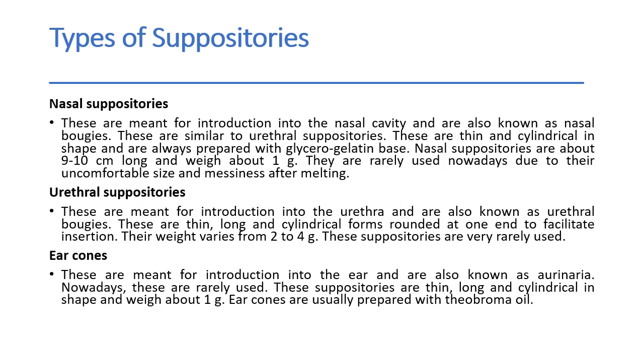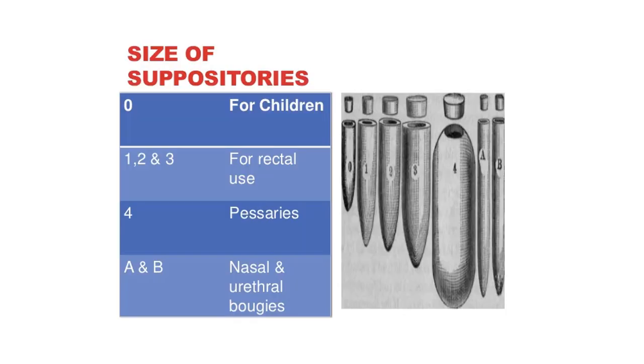Other types of suppositories include nasal, urethral, and ear suppositories. These are very rarely used and nowadays substituted by other dosage forms which are more convenient for use. This table shows the different sizes of different types of suppositories, and you can see the 0 is intended for children, 1, 2, 3, which are bigger, are intended for rectal use.